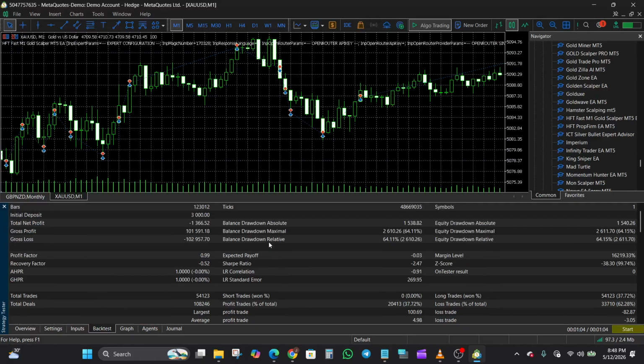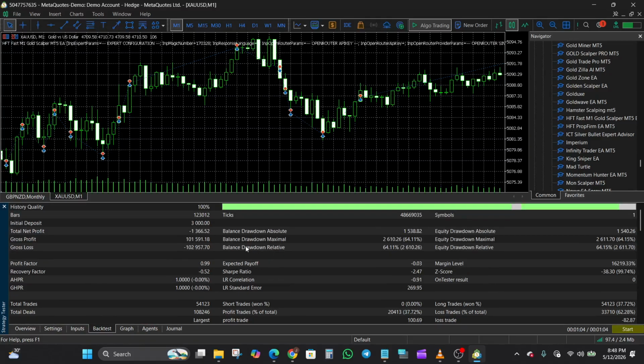All right. Overall, the HFT Fast M1 Gold Scalper EA is positioned as an advanced AI integrated trading system with extensive filtering, dynamic risk controls, and multi-market support across gold and crypto instruments.